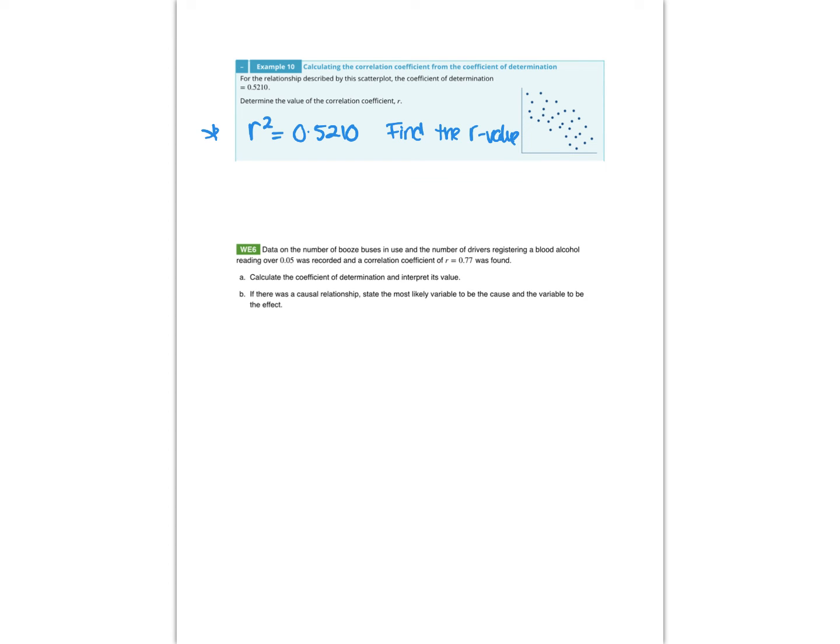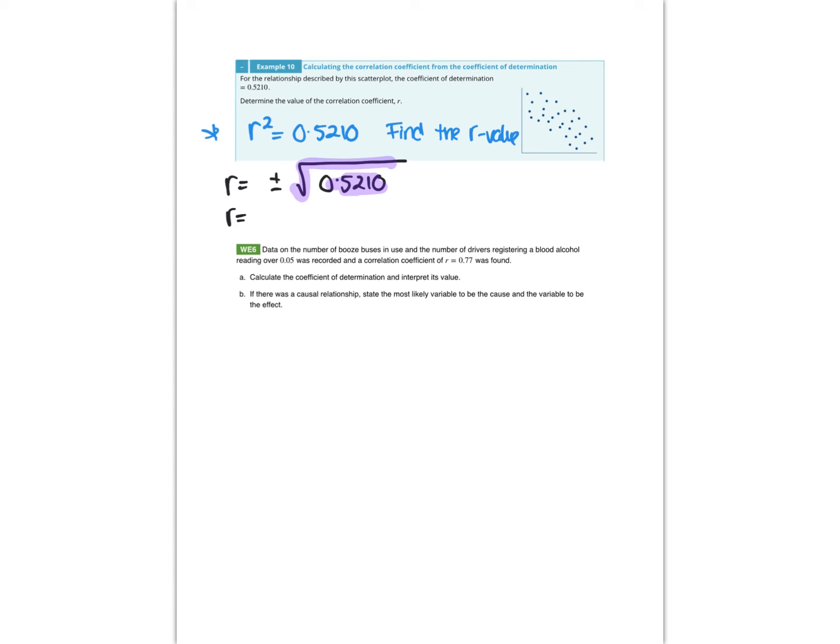So what I'm going to do is, does anyone know what's the opposite if you square something? What's the opposite of squaring something? Yeah, good, square root. So what I'm going to do, R would equal either plus or minus the square root of 0.5210. So what you do is you just, in your calculator, you just find the square root of this number. So you type that into your calculator.